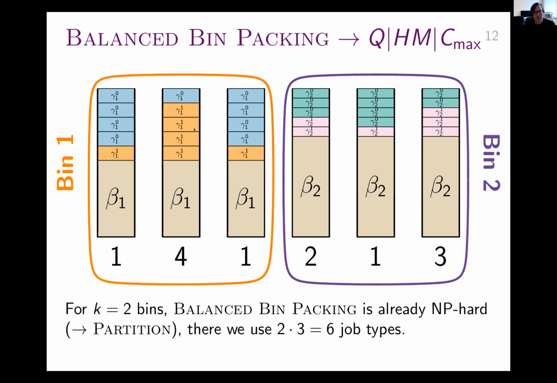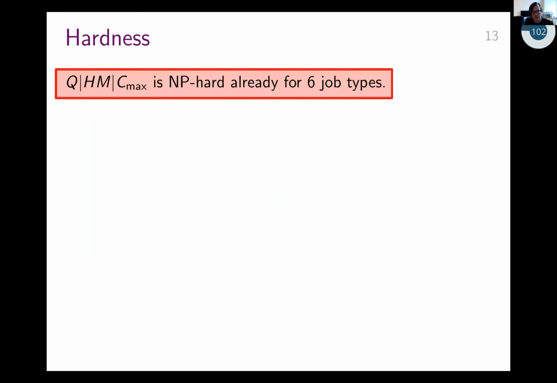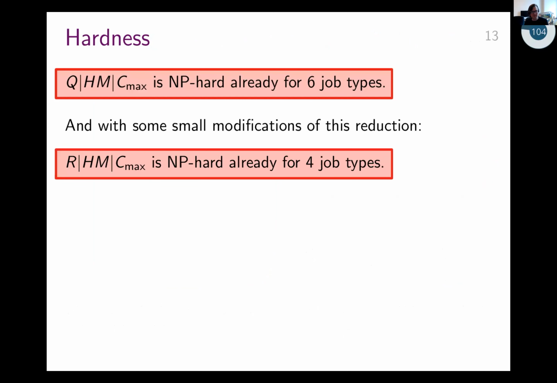And then the multiplicity: there's not that many beta jobs, but the multiplicity of the gamma jobs is large. It depends on the total instance size for the balanced bin packing, on the capital A. So again, if the capital A is given in unary, then the multiplicities of these jobs will be bounded, it will be encoded in unary, and everything works out. So that's the hardness reduction.